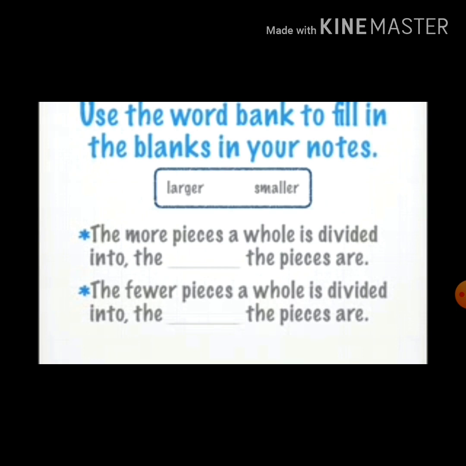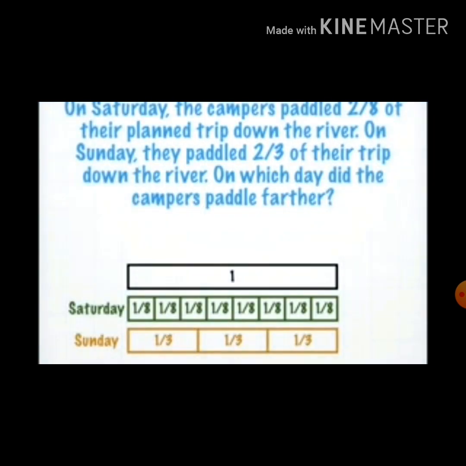First one: the more pieces a whole is divided into, the blank the pieces are. The second one: the fewer pieces a whole is divided into, the blank the pieces are. So you're going to use the word larger and the word smaller, each one time in the correct blank. Just remember what we talked about.